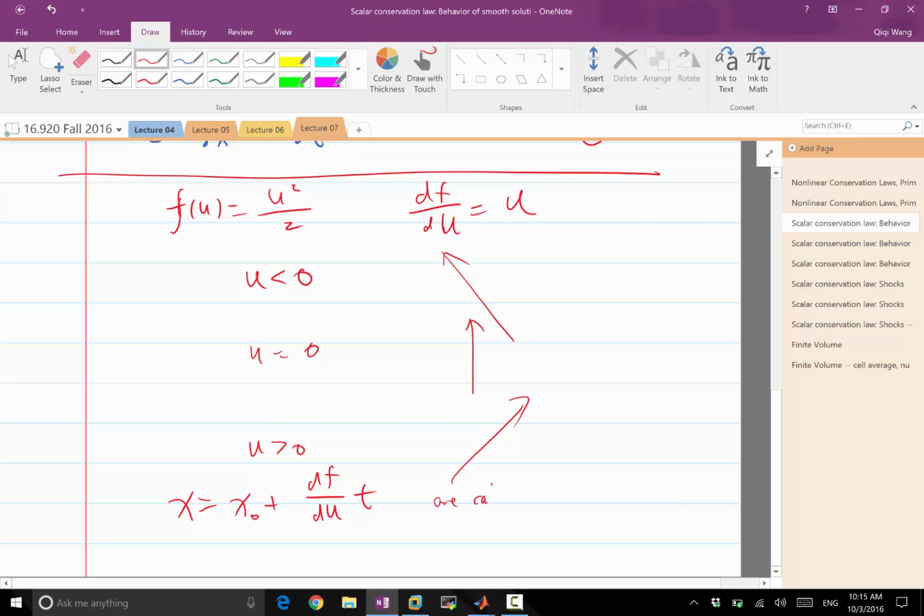These are called characteristics. All right. So when we solve nonlinear conservation laws using any numerical methods, we should expect to see these characteristics.